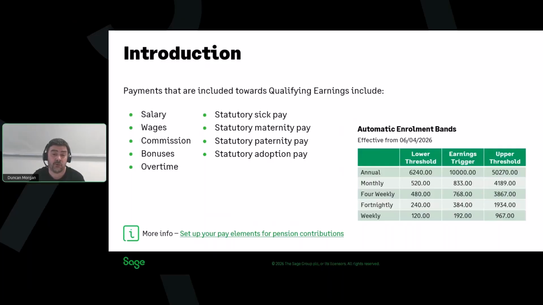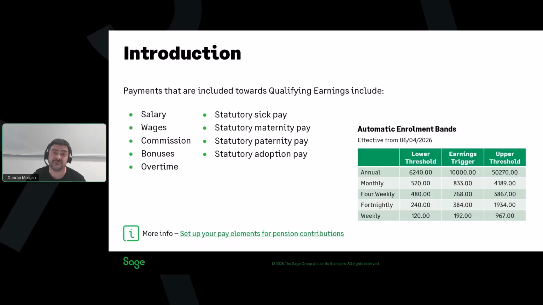So, for example, if an employee is paid monthly, the lower threshold is £520 per month, and the upper threshold is £4,189. So it would only be the qualifying earnings between those thresholds that are used in the calculation.